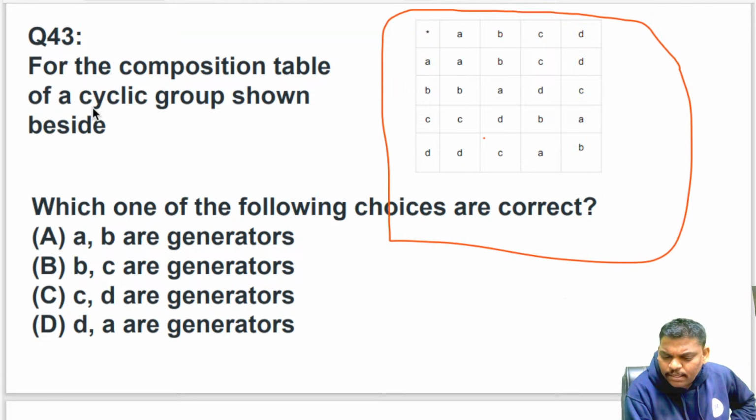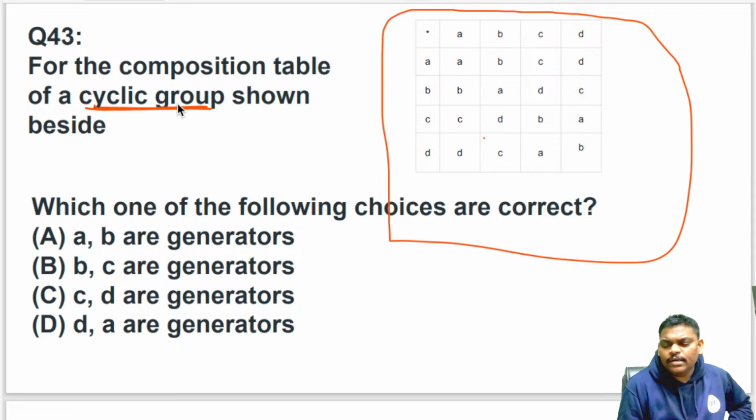Is it a group or not? He already mentioned cyclic group, so you need not verify whether it is a group or not. He already verified. It is already a group. What is the meaning of cyclic group? Cyclic group means some generator is available.